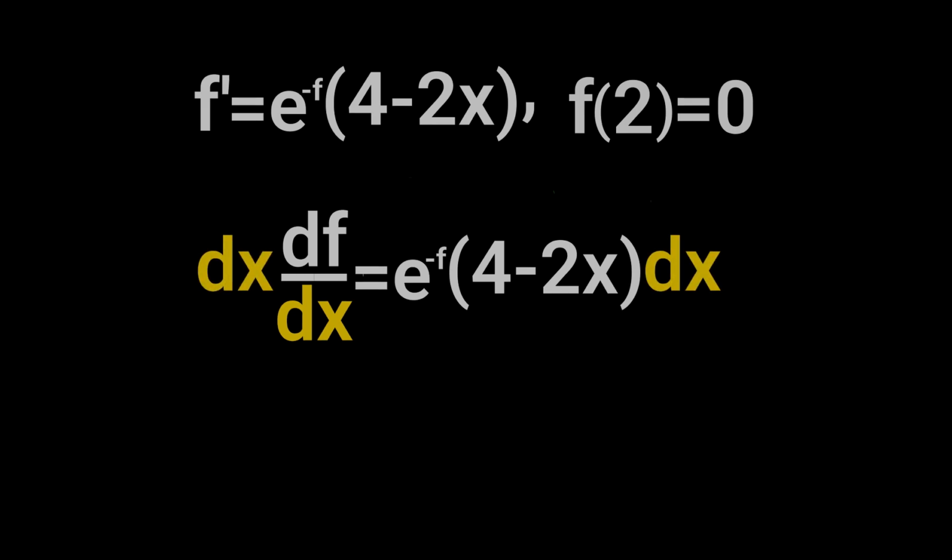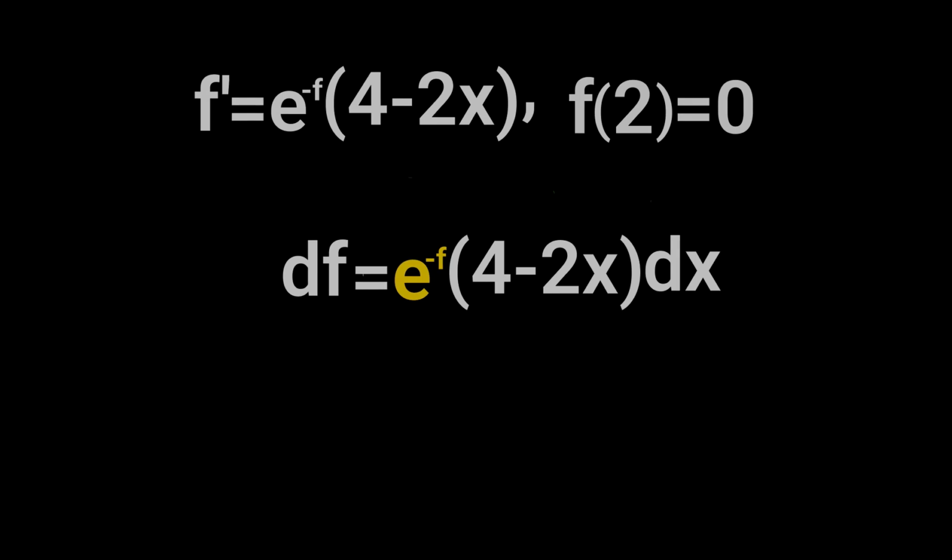Then if we do that, from the left side, dx and dx cancel each other out. And then we have df equals e to the negative f times 4 minus 2x dx. Now we want e to the negative f to be on the left side.